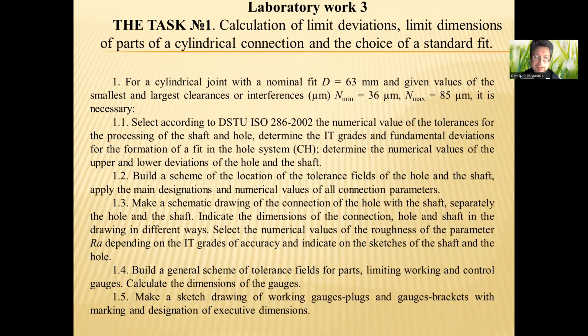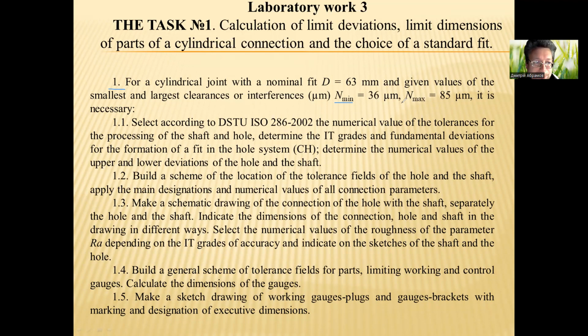First, what we need to do: for a cylindrical joint with a nominal diameter, big D, equal to 63 millimeters, and given values of the smallest and largest clearances or interferences in micrometers, minimum interference is equal to 36 micrometers, and maximum interference is equal to 85 micrometers.